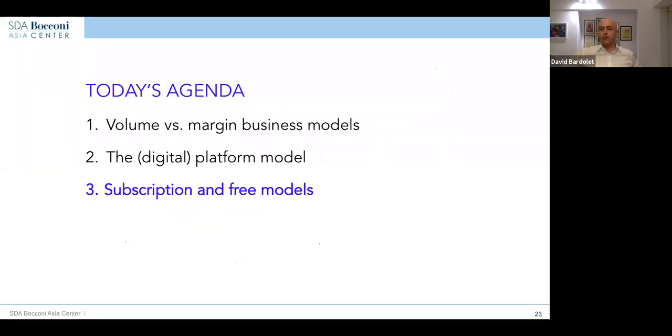So now some of you have asked me about Netflix, Hotstar, free access versus subscription. So one particular version of digital platforms, and to some extent also traditional business models, but online, are these subscription and free models.